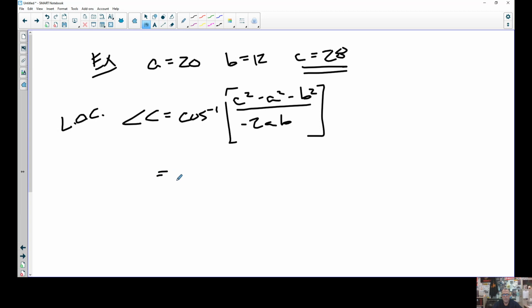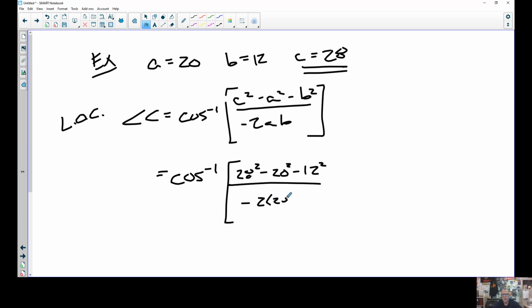And for us, that means cosine inverse of 28 squared minus 20 squared minus 12 squared, all over negative 2 times 20 times 12.